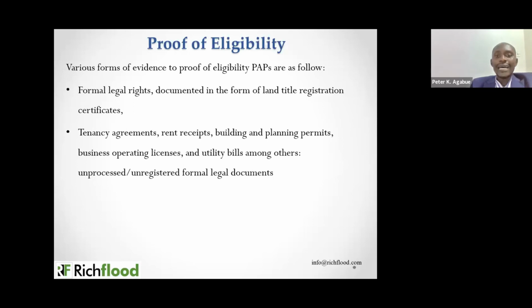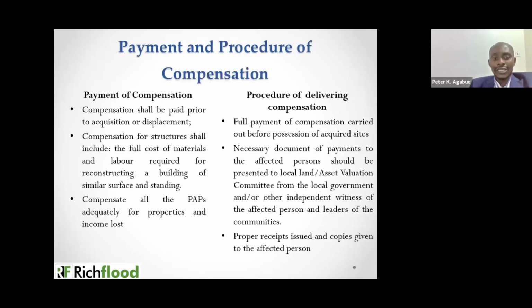And now this takes us to one of the most important aspects of the Resettlement Action Plan, and that is compensation. The following principles should be followed for payment of compensation for lost assets.